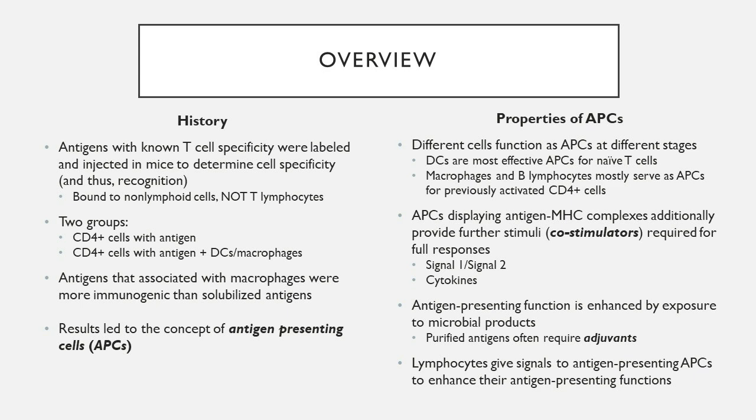And I like to preface that by saying that I think up until now, especially when I was first going over this material, I understood activation as sort of a binary state. You're either naive or a cell was activated and ready to go. And that's only really partially true in that once a lymphocyte has been presented with an antigen, it's no longer naive. But there's different stages of activation, both during the differentiation process into the exact subtype of T lymphocyte or even B lymphocyte that might be necessary at a given moment.